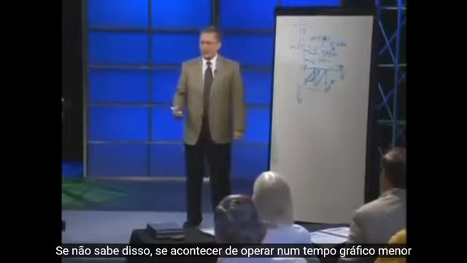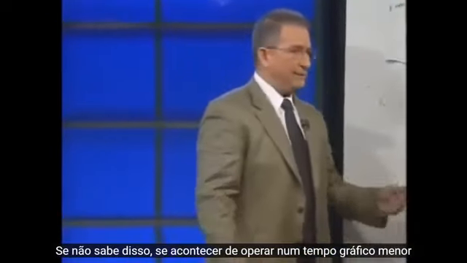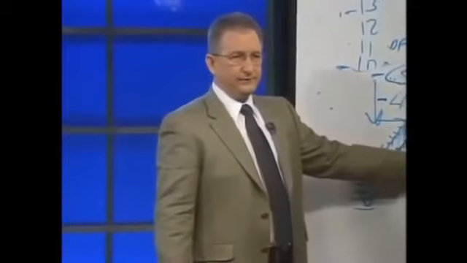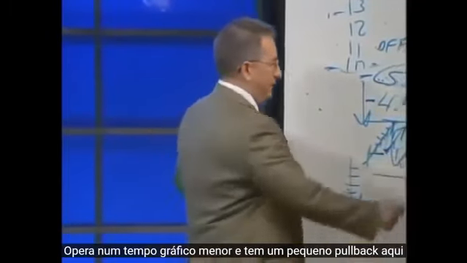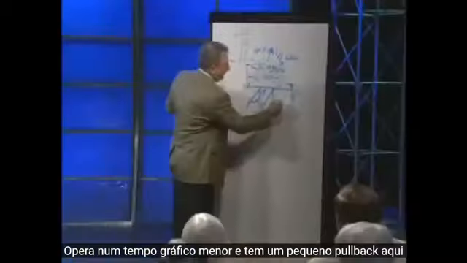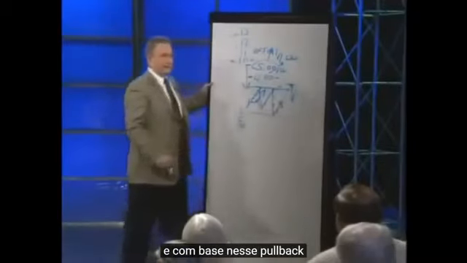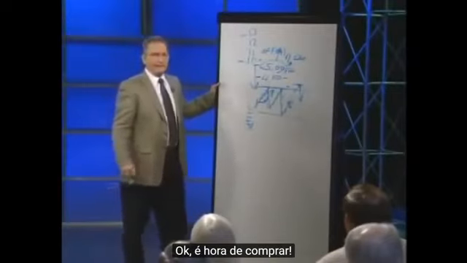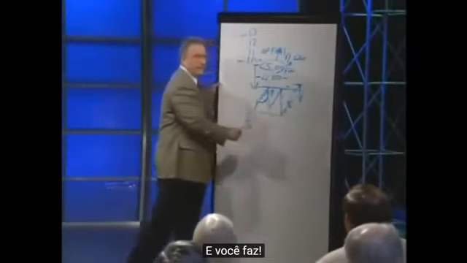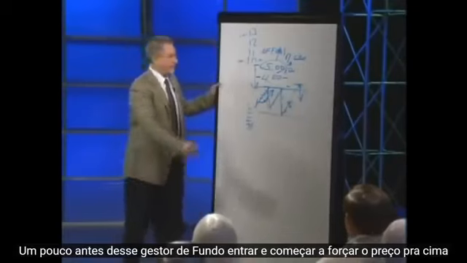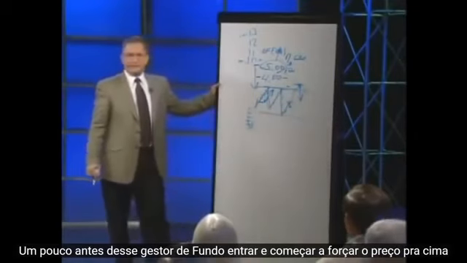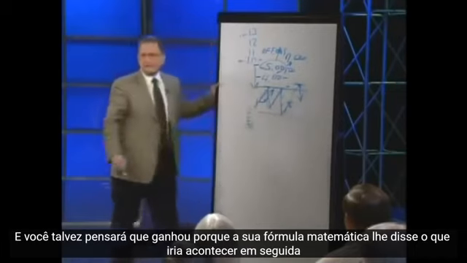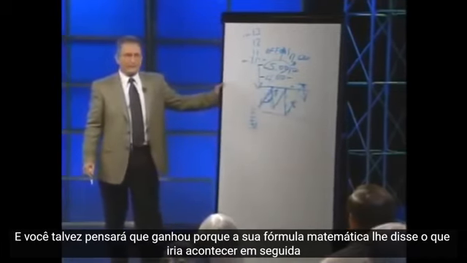But if you don't know that, somehow, if you're trading on a smaller time frame, and you get a little pullback right here, okay? And based on that pullback, your methodology says, okay, it's time to buy. And you do. And you do it just before this hedge fund manager comes in and starts driving the price up. See, you're going to think that the reason you won is that your mathematical formula told you what was happening next.